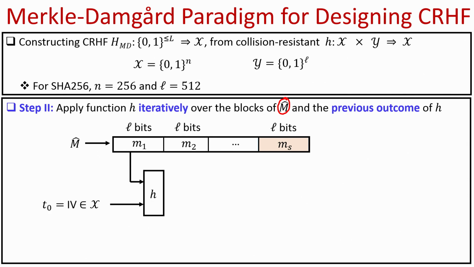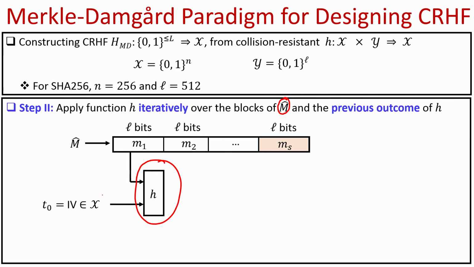So, the way we iteratively apply the little h function here is as follows. The first invocation is on the first block of little l bits of the encoded input, along with an IV which we denote as T0 belonging to the set X. We will soon see what exactly is the value of IV. Now you see the invocation of h takes an input of size l plus n bits, right.